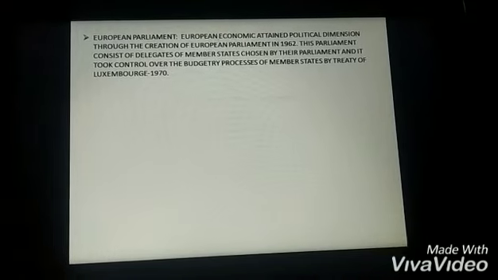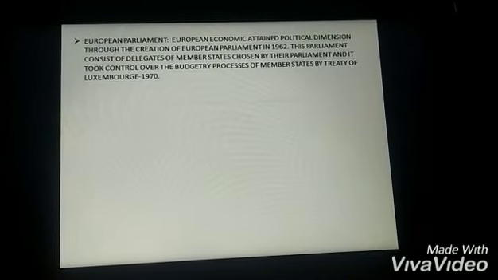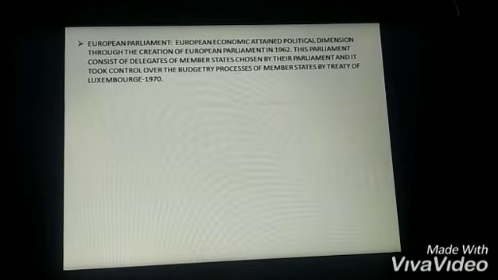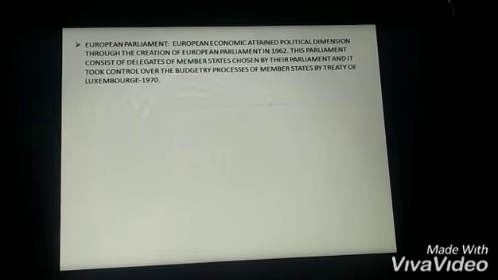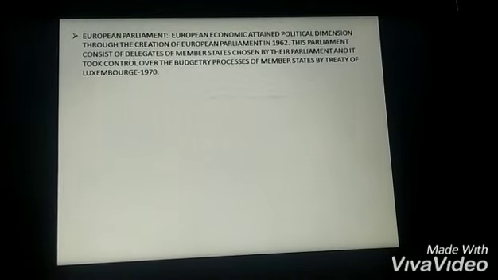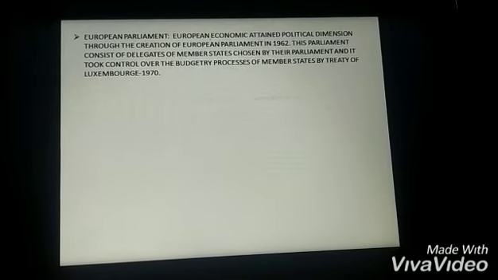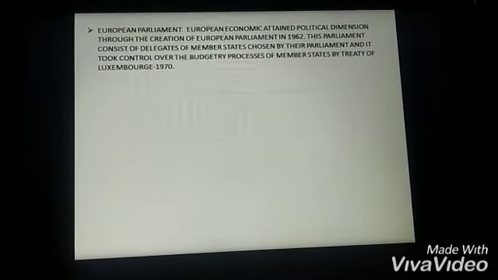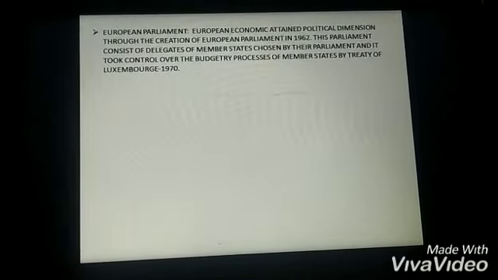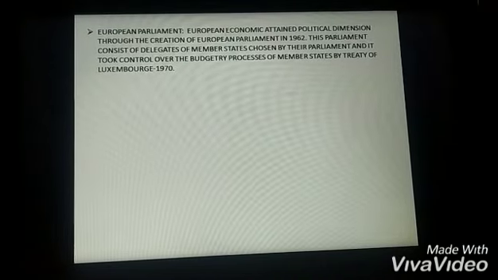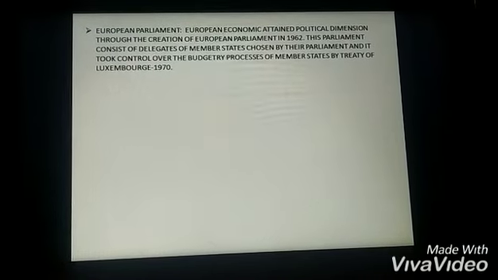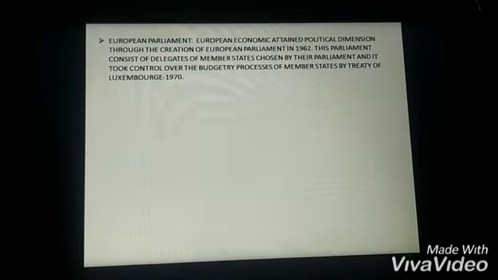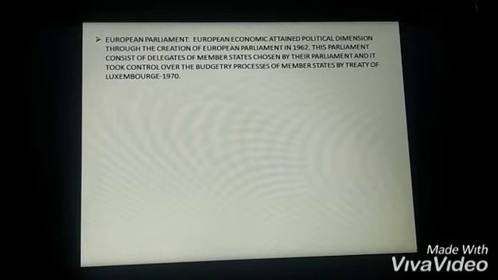Now they created an assembly, which declared itself a parliament in 1962. So this parliament consists of the delegates of the member countries, which are chosen by the parliaments of the member countries.